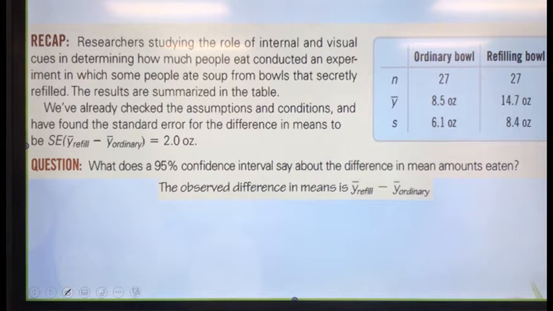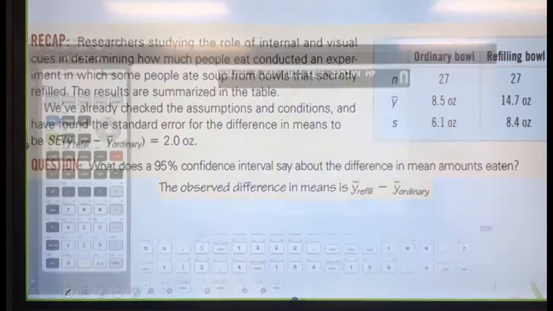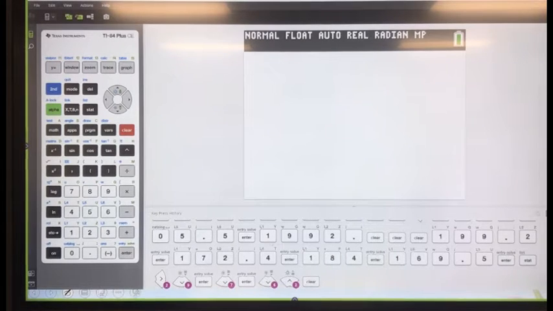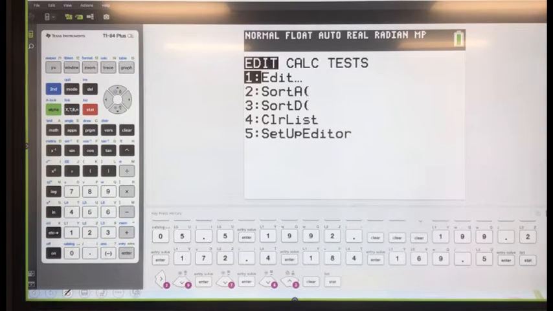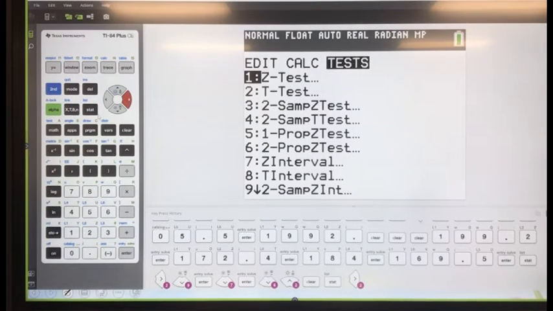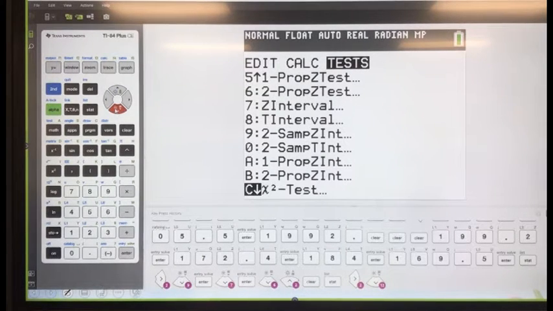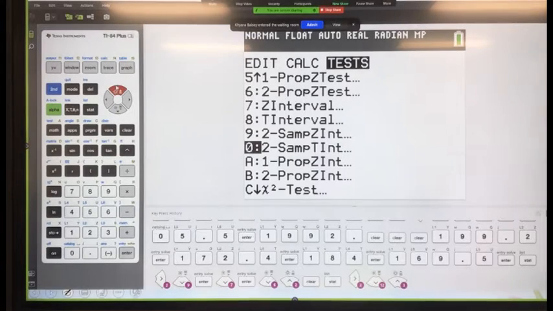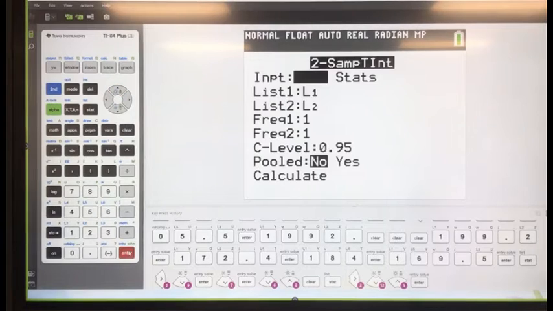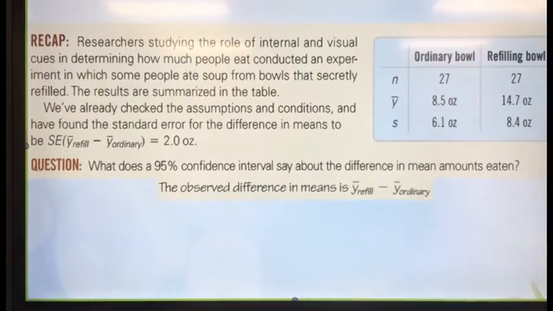So how we go about that, which I guess you should all know since you all got hundreds on it, is stats. Test. Now, with 1 mean, we went to t-interval, right? Now, for 2, we want to go to, past that, 2-sample t-interval. So, the number is 0. If I have data I need to plug in, I would, but we don't.